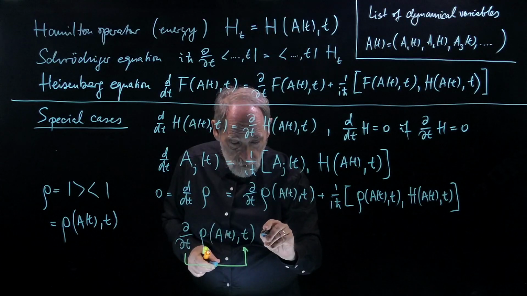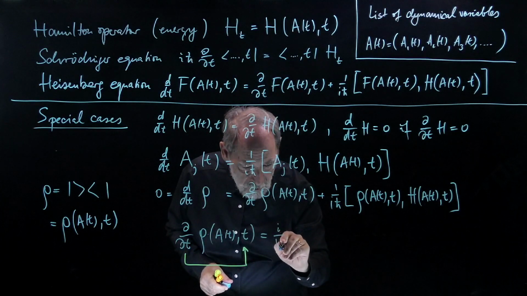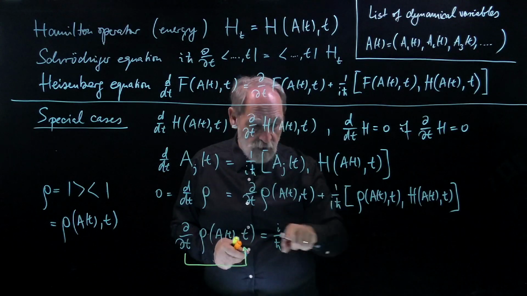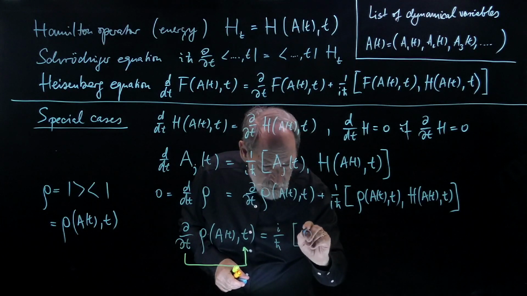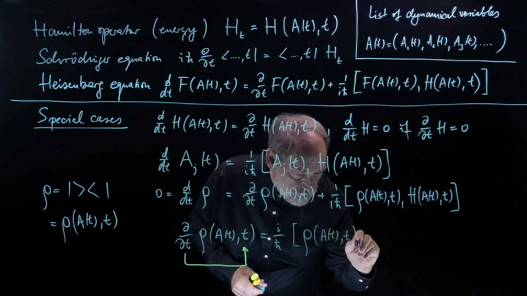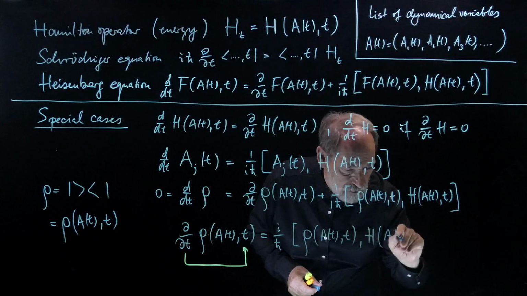Then this is equal to, and now there is a minus sign, which I incorporate by remembering that negative 1 over i is just i itself. So here we have this statement for the statistical operator.